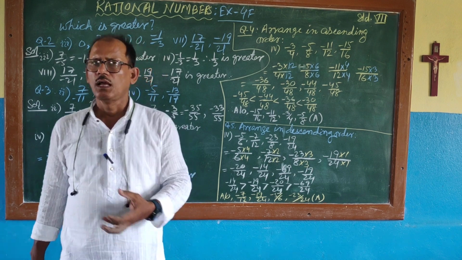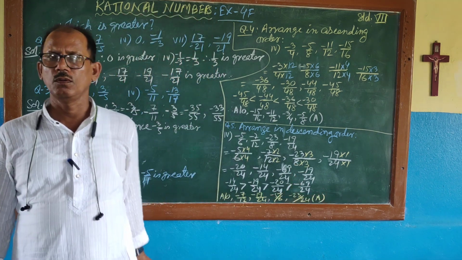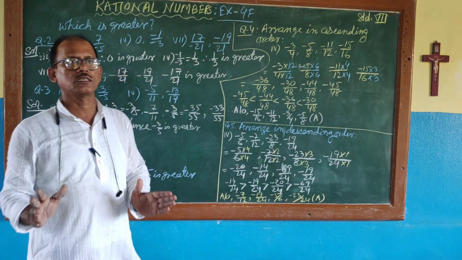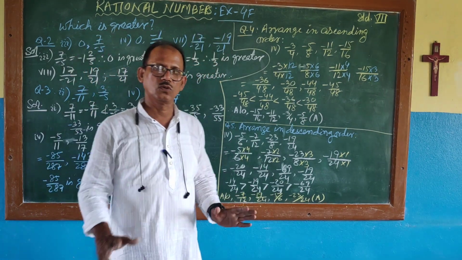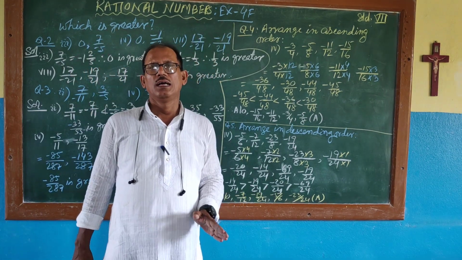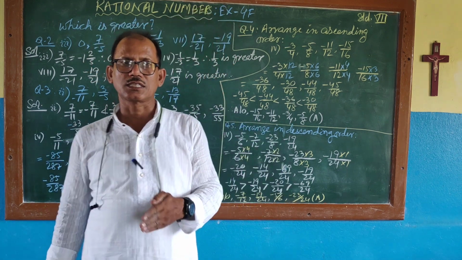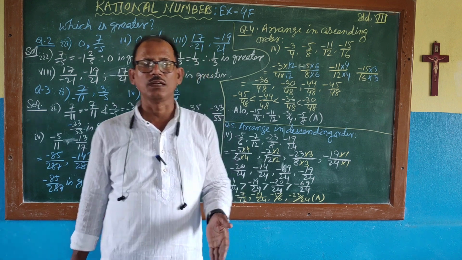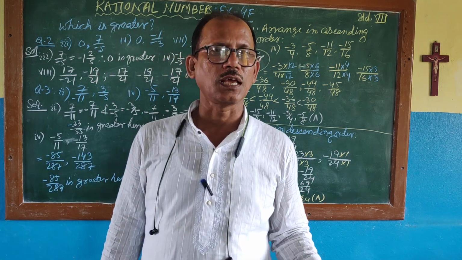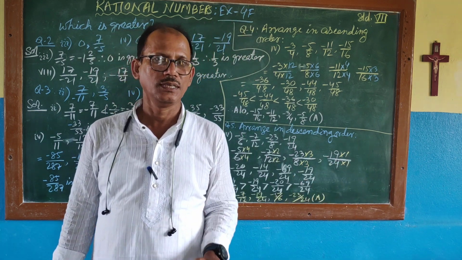Let me tell you, all the positive rational numbers are greater than 0. All the negative rational numbers are lesser than 0. Could you understand? Now, if you talk about integers, negative integers, the greater the numerical value, the lesser is its value, isn't it?